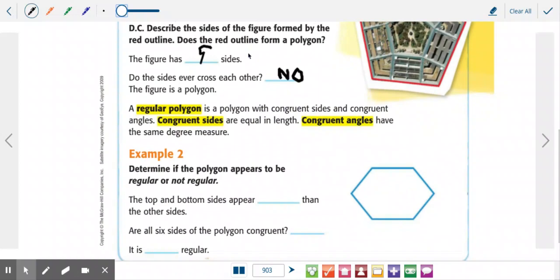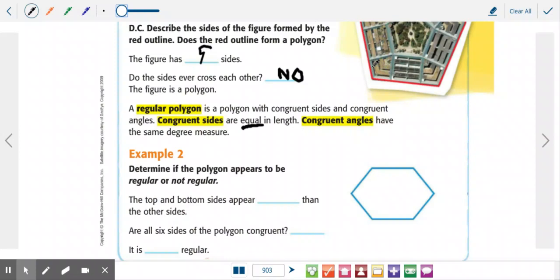So, a regular polygon is a polygon with congruent sides and congruent angles. And I'm sure you've heard your teacher say congruent before. Congruent means equal. You can have congruent sides which are equal in length, and then you can also have congruent angles, meaning that they have the same degree measure.